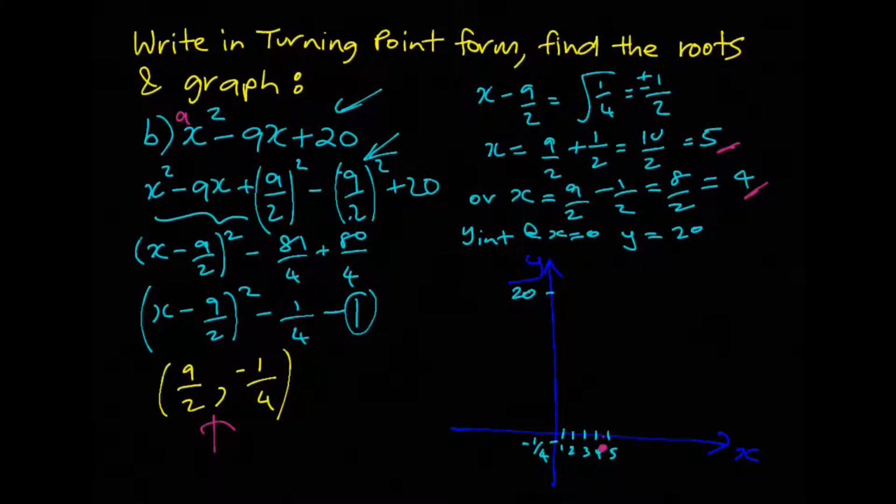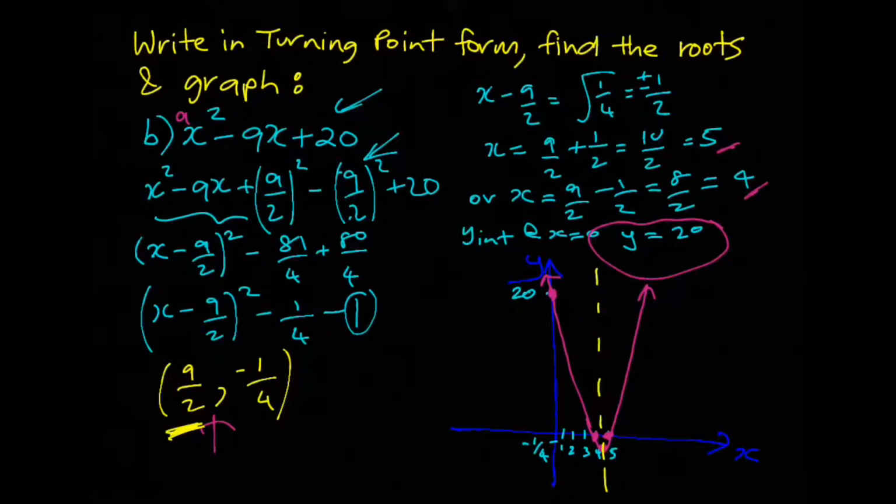So that's there and there. And the y-intercept is at 20, which is there. Obviously it's not to scale, and so we have this sort of thing going on. So this is the axis of symmetry at x equals 9/2, which is 4.5.